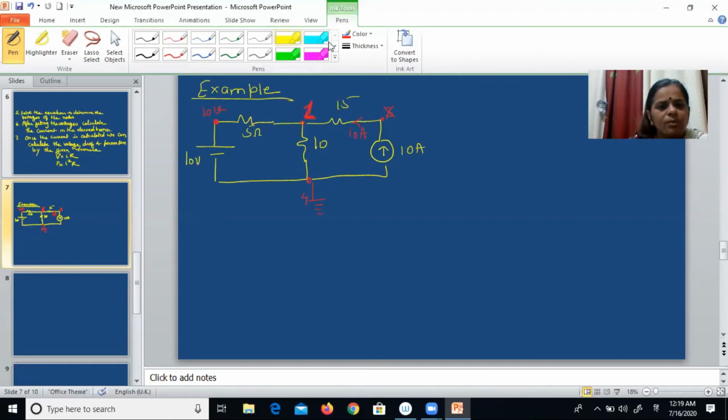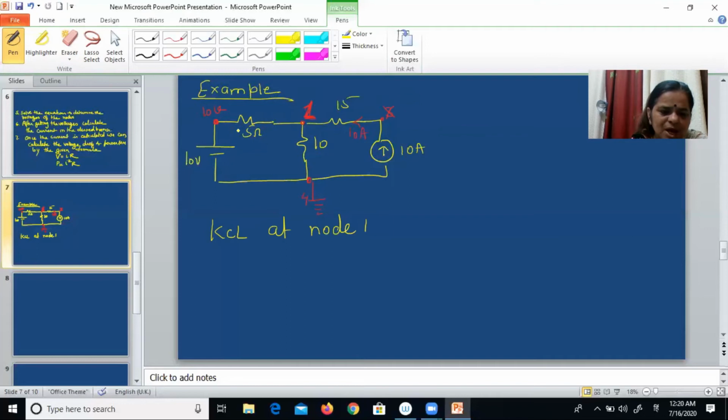Now we will write the KCL at node 1. As mentioned in the method, after identifying the node where the voltage is not known, for whatever branches are connected at that node, we take the direction of current away from that node, except for the current source branch.